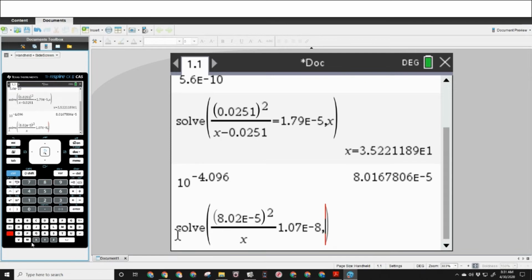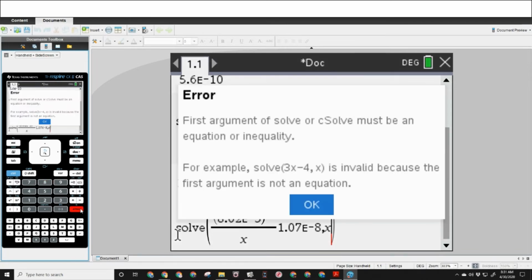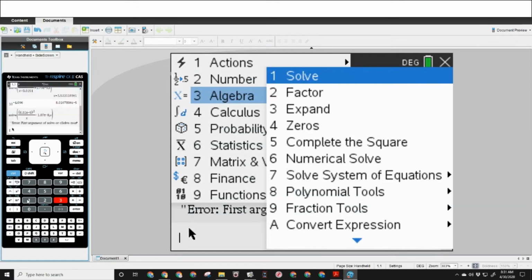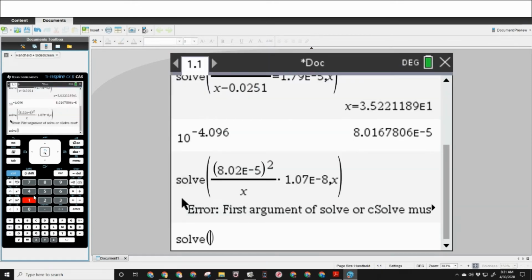Let's solve for x. Oops, what did I do? Oh, I put times. I always do that. It's not times. Is it going to let me go back up? No. So we're going to have to put it in all over again. Let's do it correctly this time.